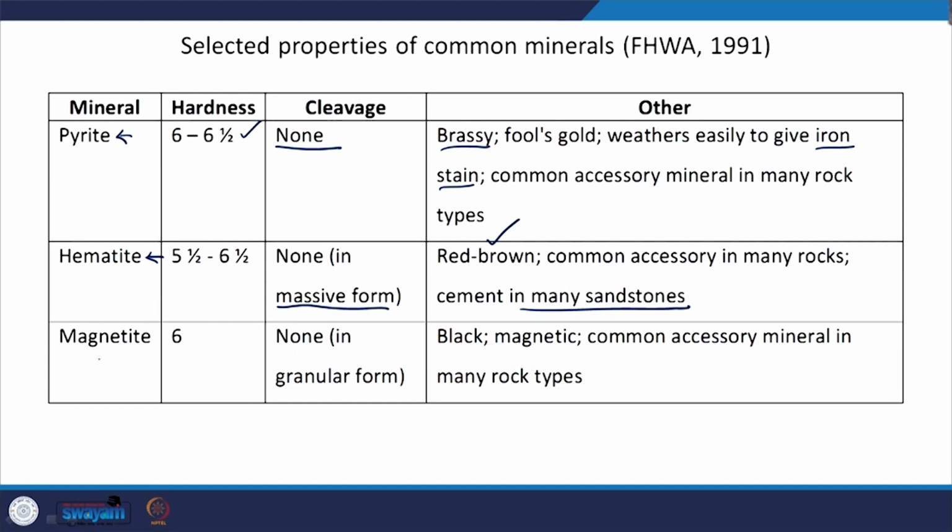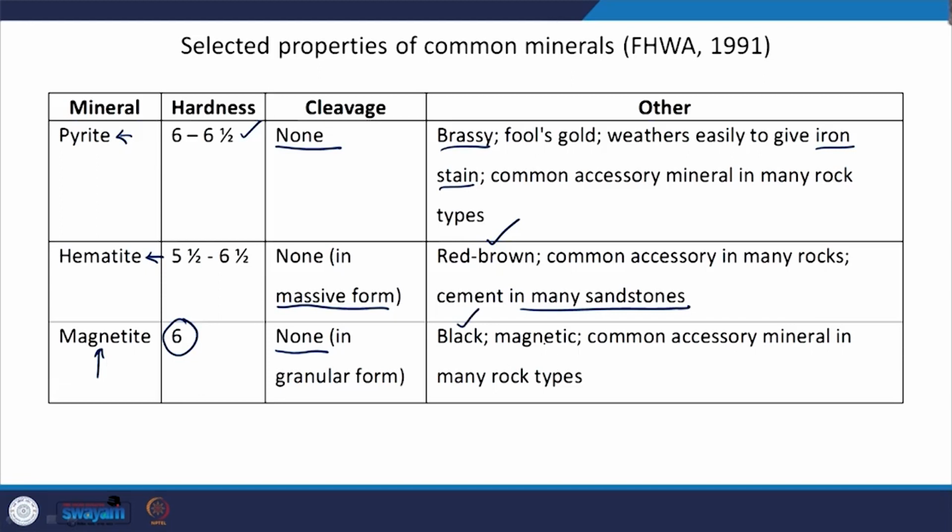Next one is magnetite. Again in granular form, it has no cleavage plane. This mineral has a hardness of 6 on the Mohs scale. Color is black.